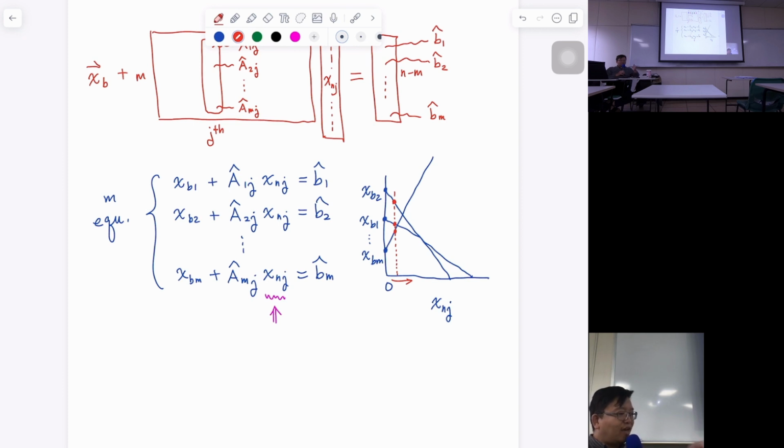They have to stay on those linear lines, so we are always keeping the constraints satisfied. We're always feasible, staying feasible.